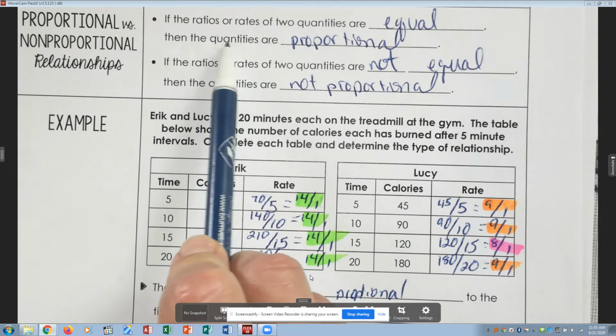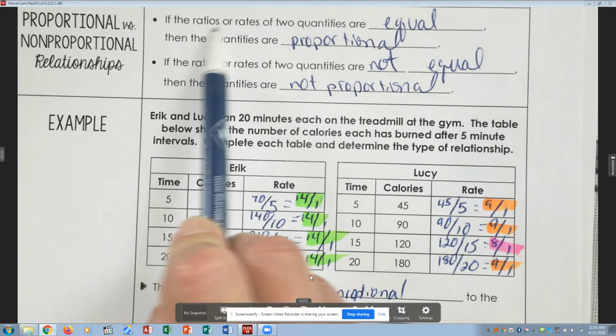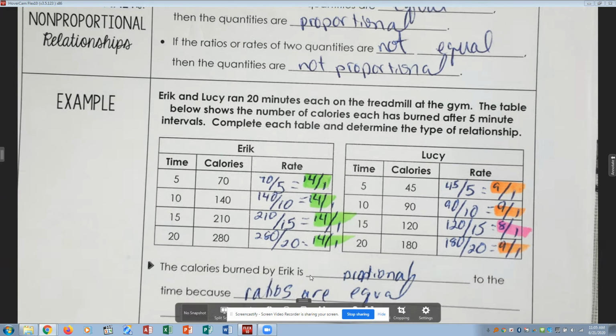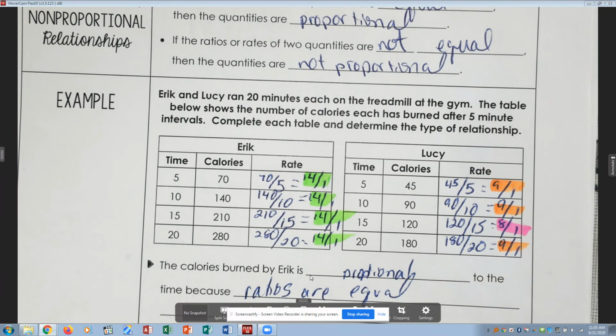Or you could say the quantities are proportional, or the ratios are equal. Lucy is not proportional because these unit rates are not equal, because the ratios are not all equal.